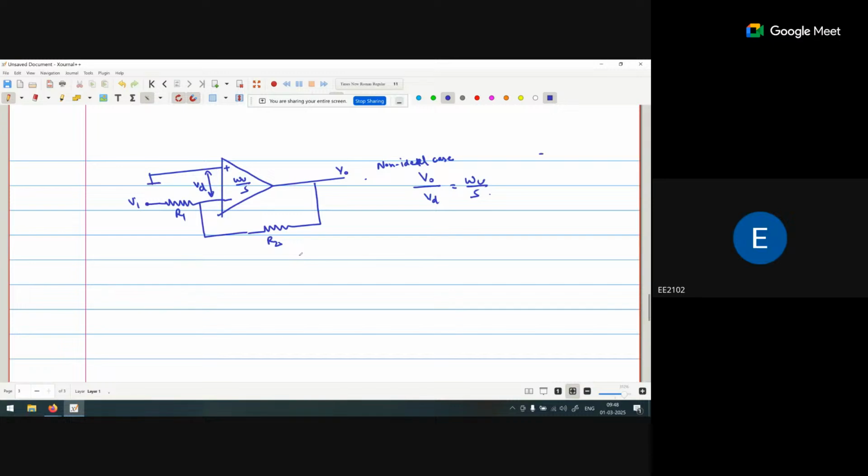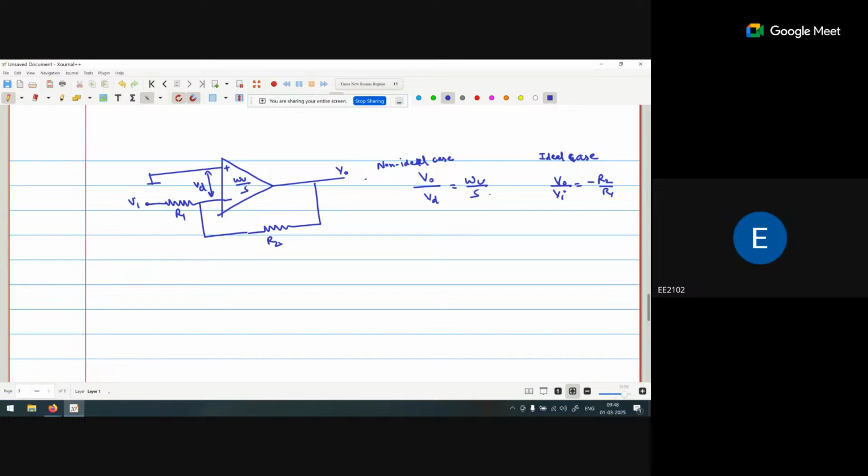If we are talking about the ideal case, V out upon Vi is minus R2 by R1. Any doubt in the ideal case?